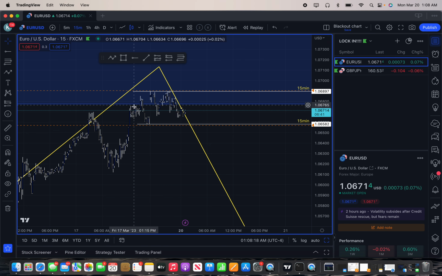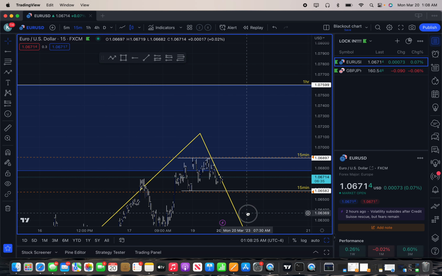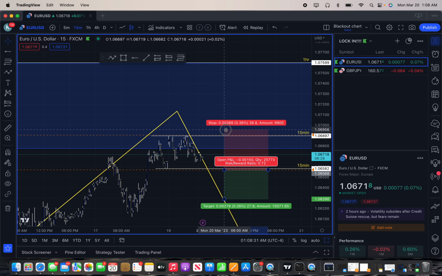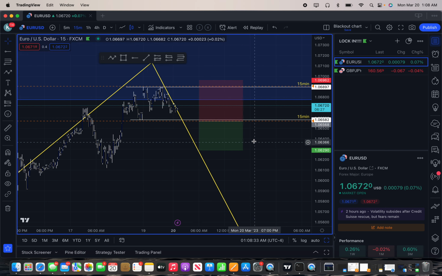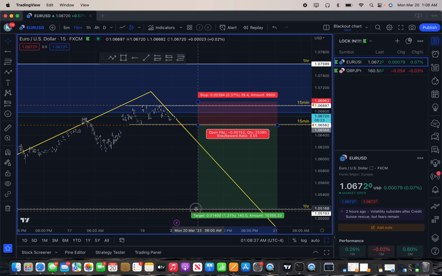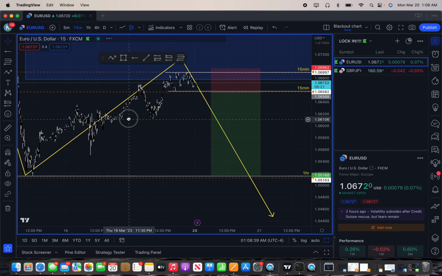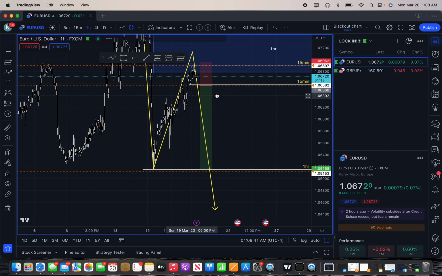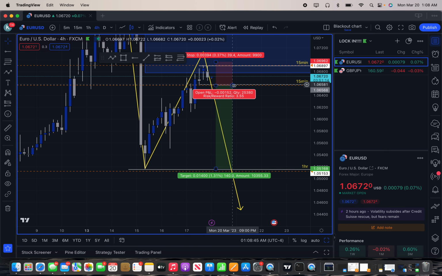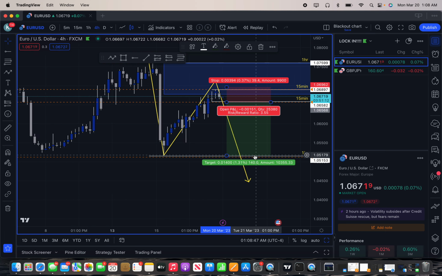But on a low time frame right now, it's uptrending. And I'm looking for it to reverse to downtrending on a low time frame so that I can potentially get an opportunity somewhere up here and ride it all the way down to the low, based on this high time frame structure.